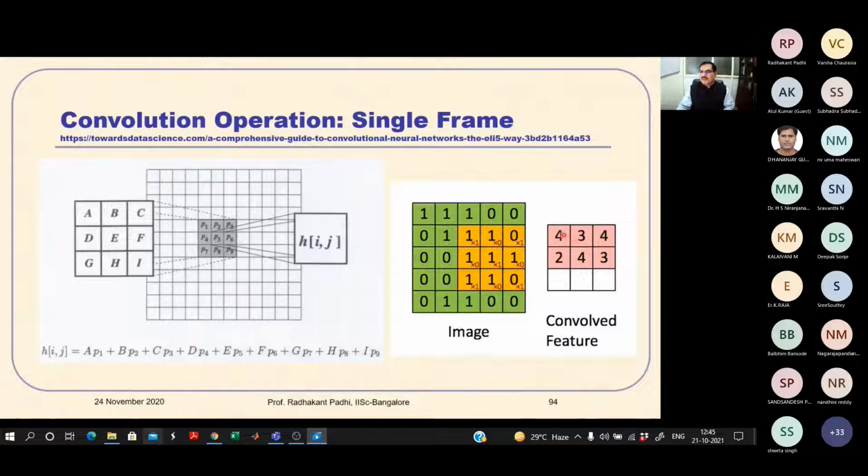I hope I'm clear on that. So again, just look at this carefully. It starts operating from the very first one, then the second one, third one, like that, depending on how many times you can do it without going outside the boundary of the image. That much size of the convoluted feature will come forward. Essentially, if you scan through one dimension, you have to subtract 2: one less from this side, one less from that side.